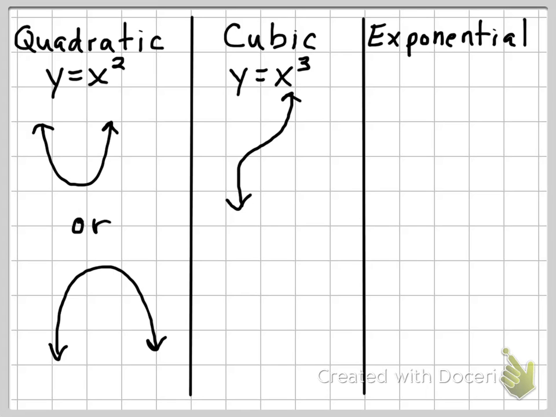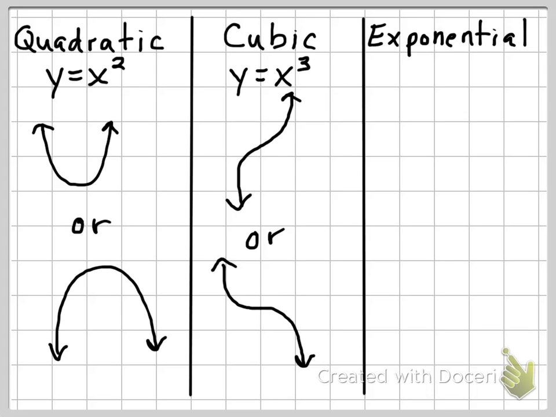But just like the quadratic could be upside down, this one could be upside down too. So it could actually be up on the left and down on the right. It doesn't matter which way is up or down. If it's twisting like this or like this, then it's a cubic function, and that means it has an x to the third power in the equation.